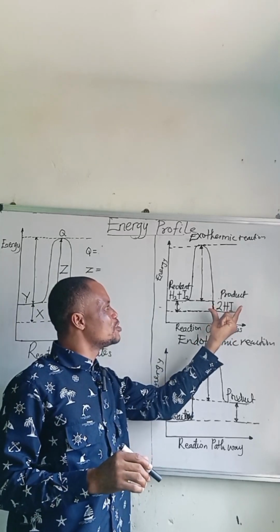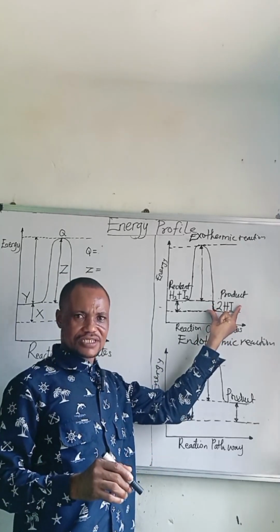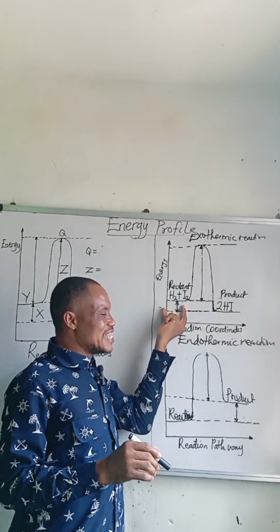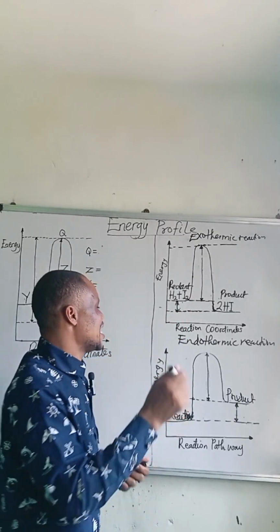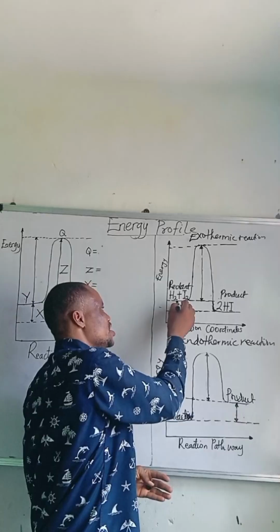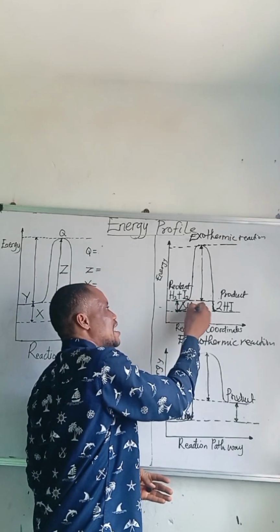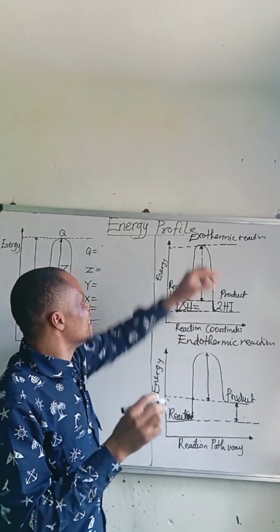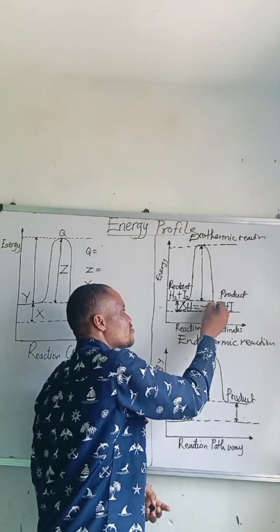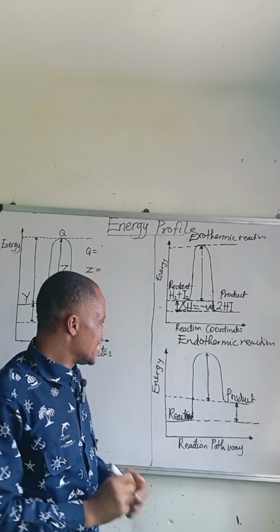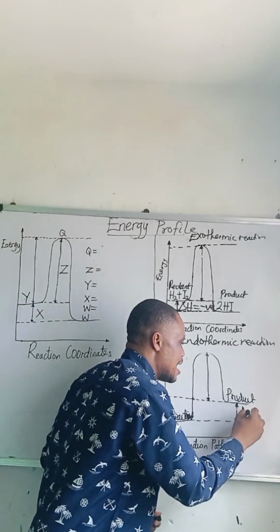The difference between the energy of the product and the reactant is known as enthalpy change or heat change, and it is represented with delta H. And when it is exothermic, the heat change is negative. Okay? Then the same thing is applied here.